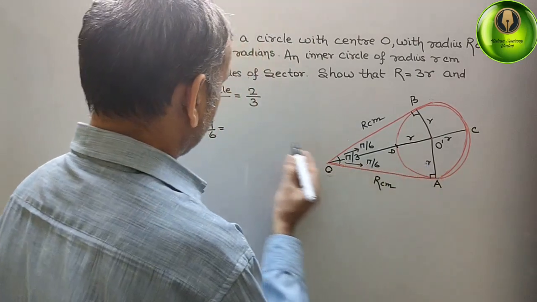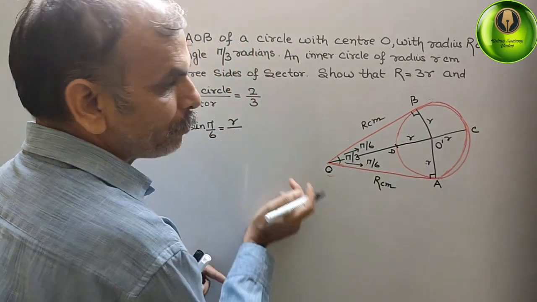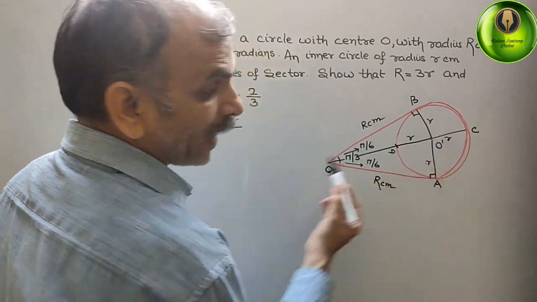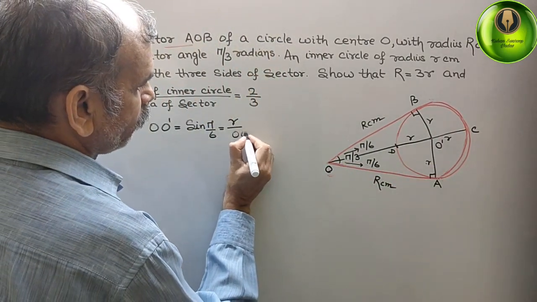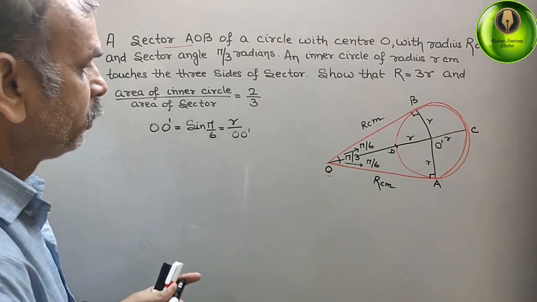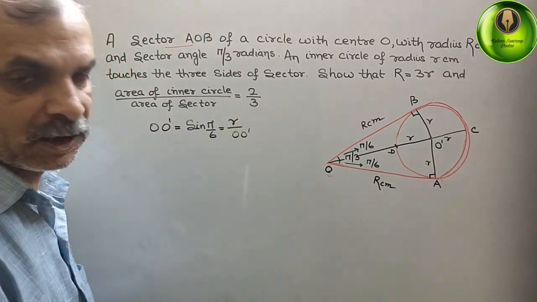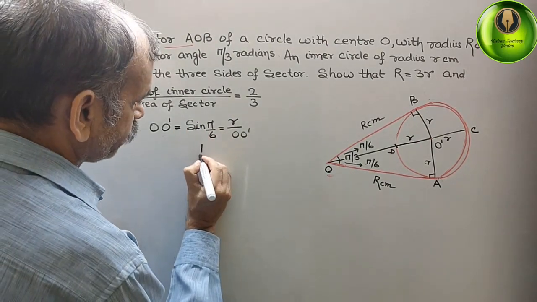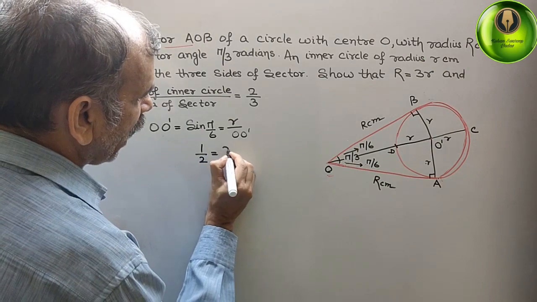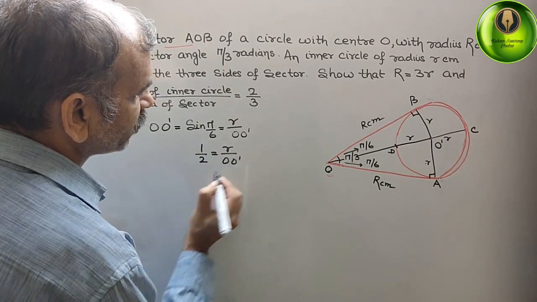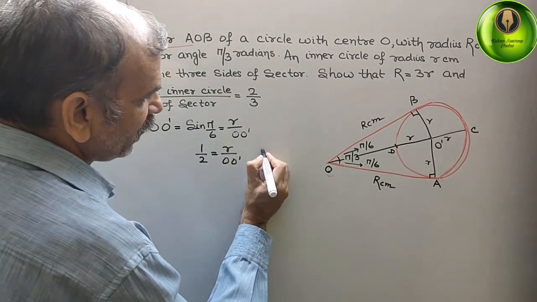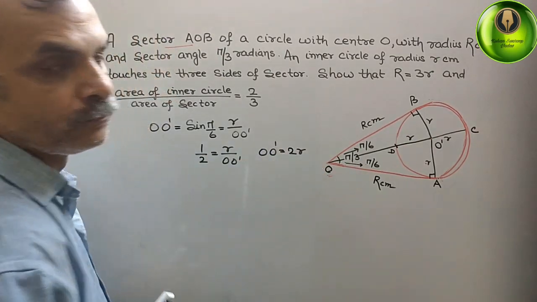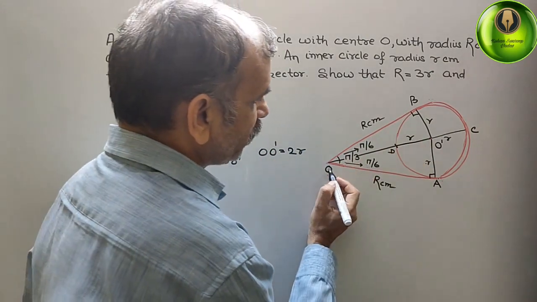Opposite is r, hypotenuse is OO dash. Now, what is sine pi by 6? Sine 30 degrees is 1 by 2. That is equal to r by OO dash, cross multiplied. We will get OO dash is equal to 2r. So this is your 2r from here to here.